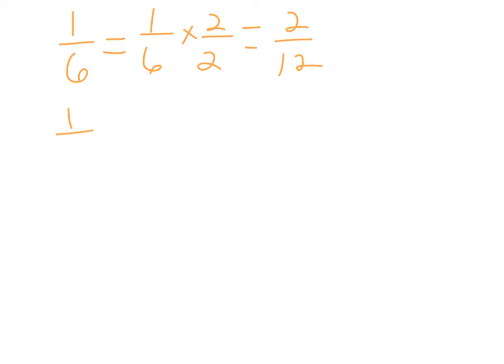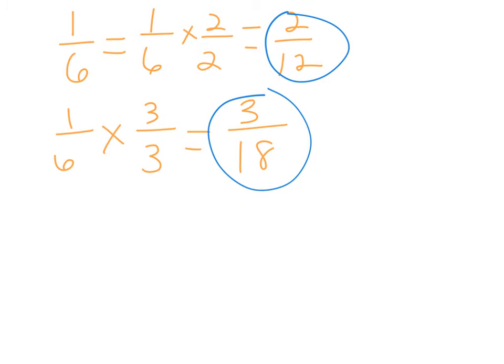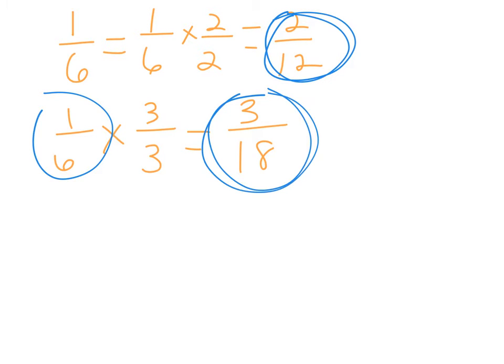I could do 1/6 times 3, and I would have 3 over 18. Those are equivalent fractions. These will reduce down to this in its simplest form.